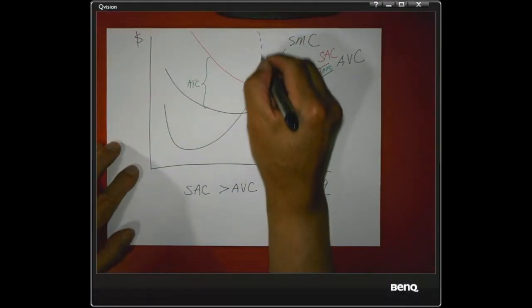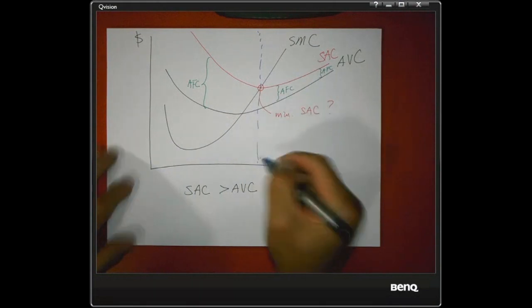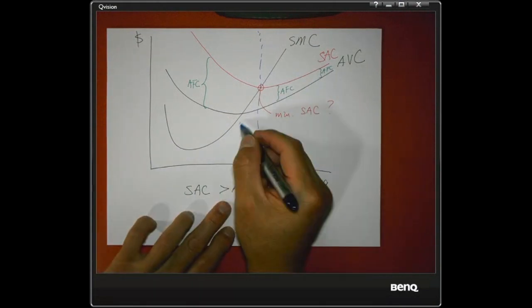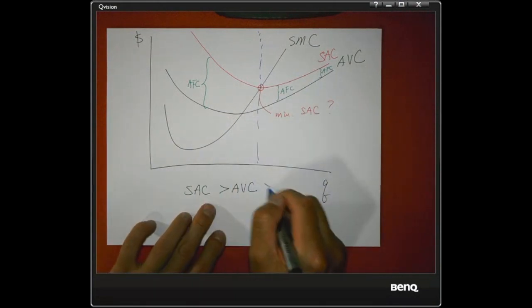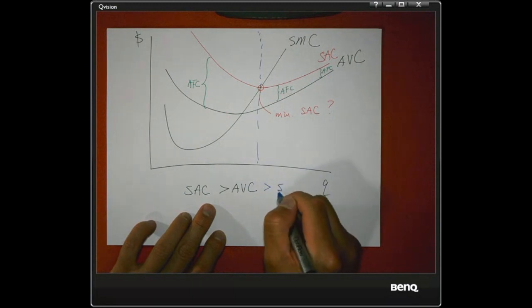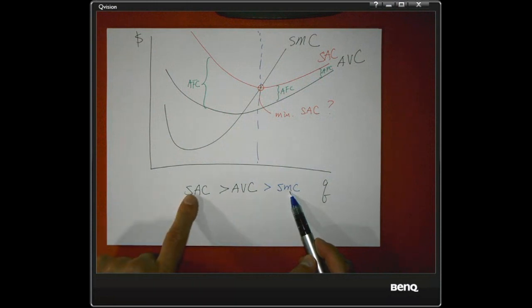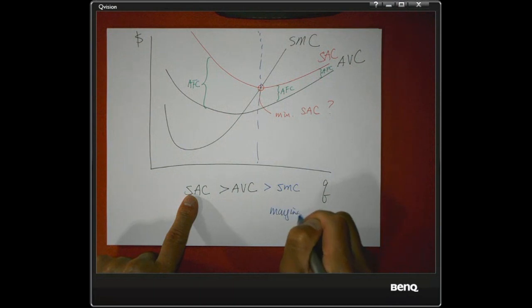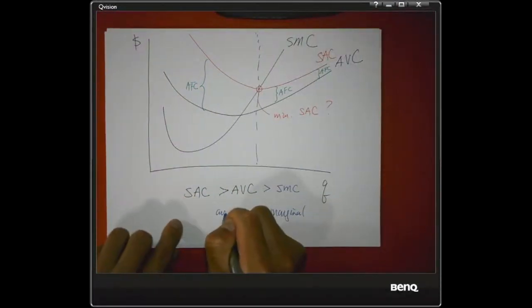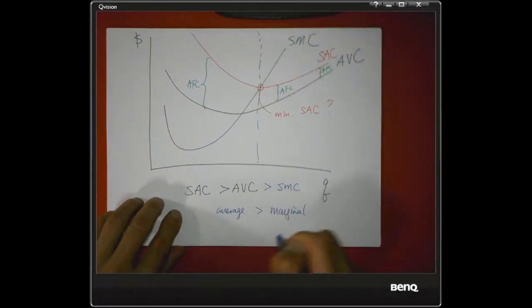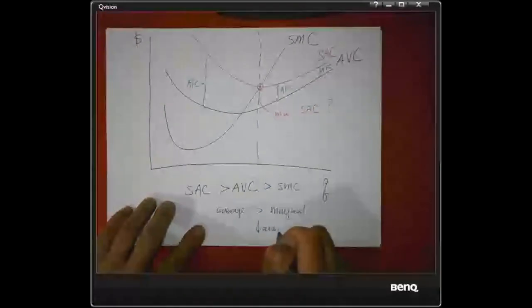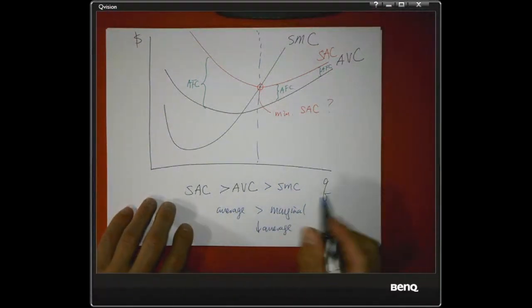And in this region, it is also greater than the short-run marginal cost. That is, marginal less than average, the average will fall.